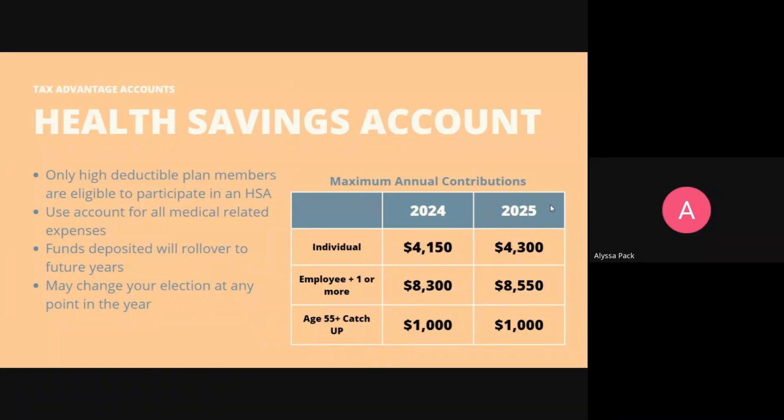The employee plus 1 or more is anyone filing married or claiming any dependents on their tax documents. Those are your maximums. And the age 55 catch-up is in addition to these maximum contribution amounts. If you are over the age of 55, you're able to contribute a little bit more.